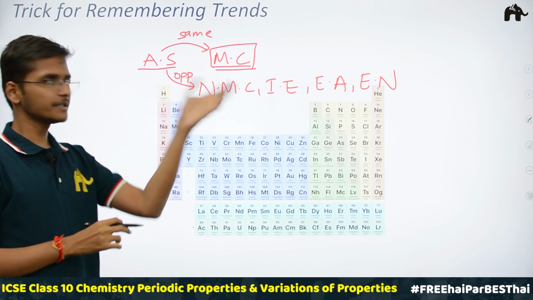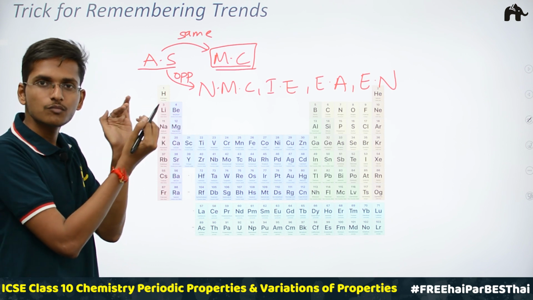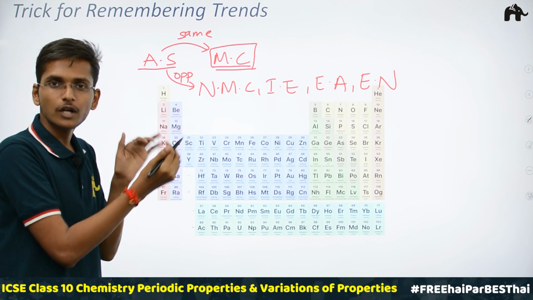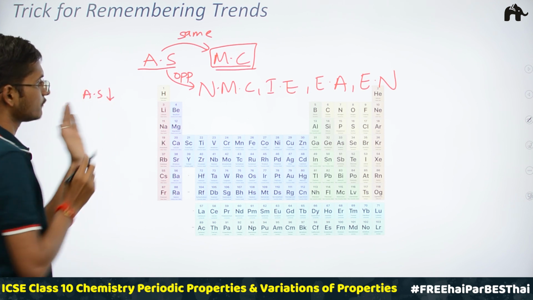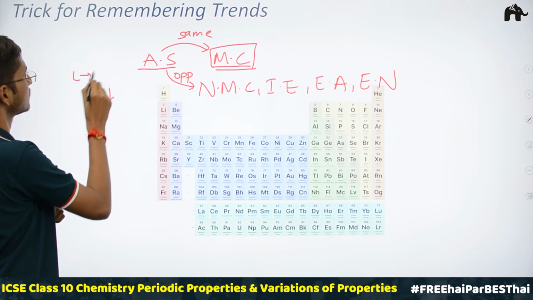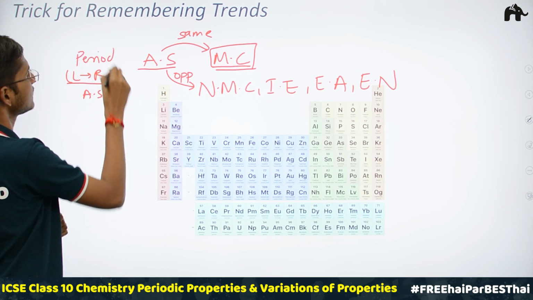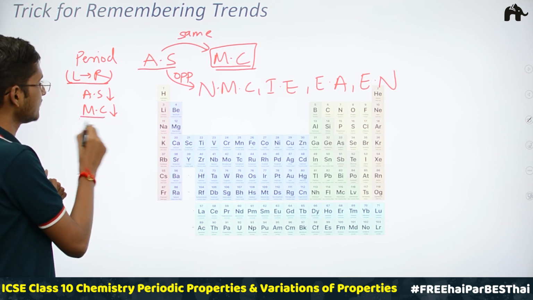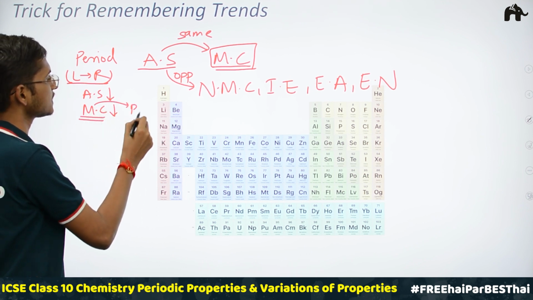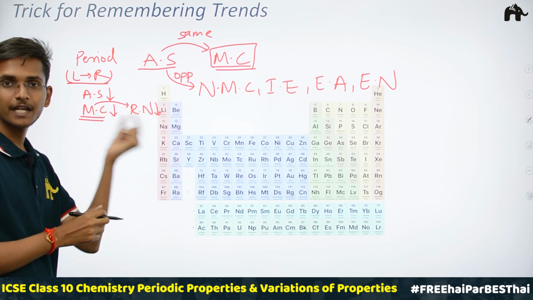Now we know across the period, moving from left to right, the atoms become smaller, so atomic size decreases. This means that metallic character also decreases, and since metallic character is decreasing, reducing nature also decreases. We have already studied the correlation; they have the same trend.